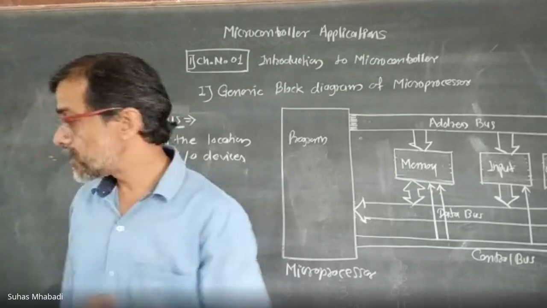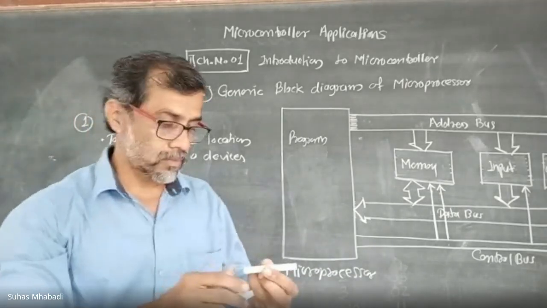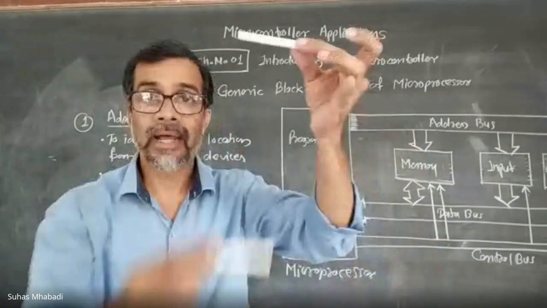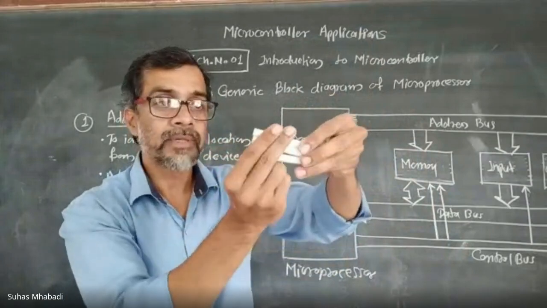Let me show you by this. Okay, this is the address line. This is line number 1, line number 2, line number 3, and it becomes a bunch.